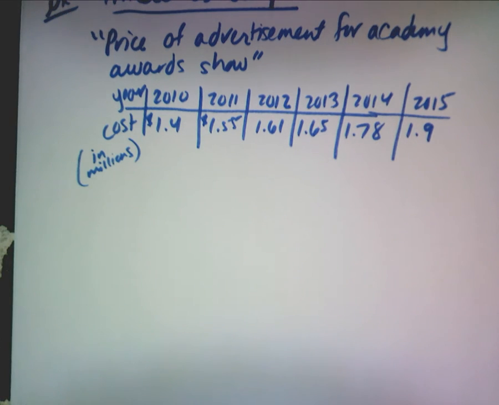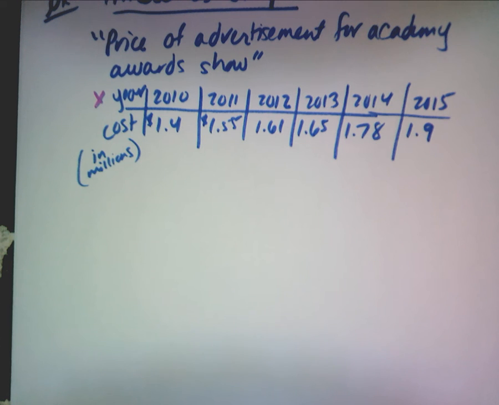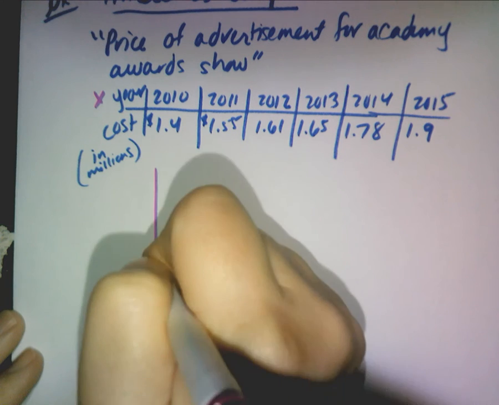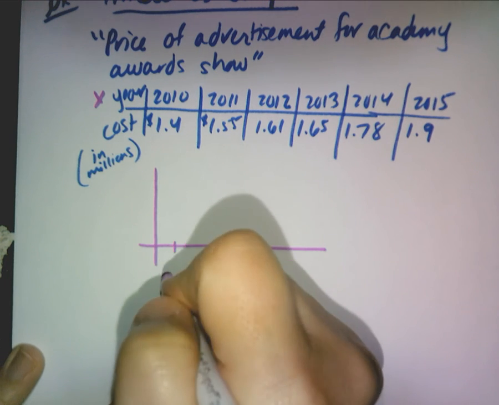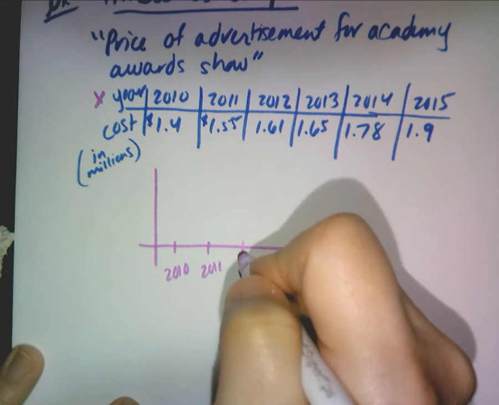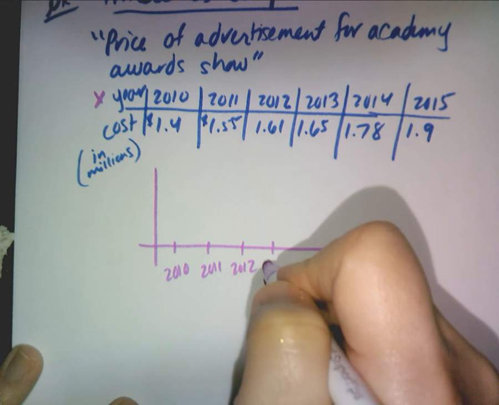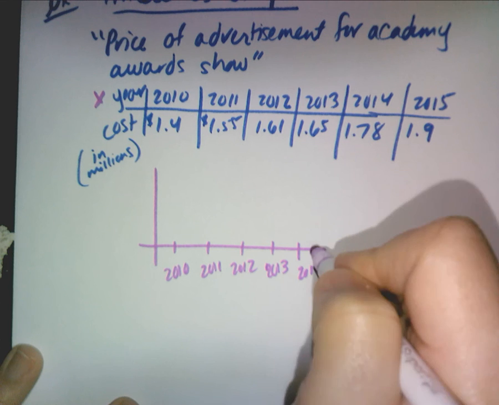So again, to do a time series graph, you need time. There's time, okay? This is usually your x-axis, which is the year. Definitely want your year to be along the x-axis. So 2010, 11, 2012, and you could just call it 14, 15.